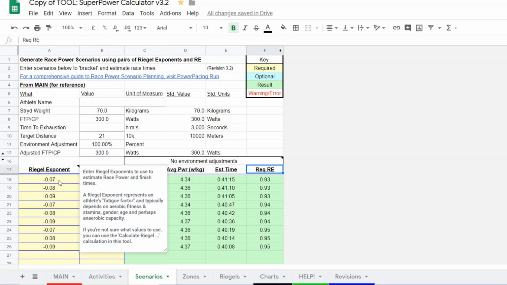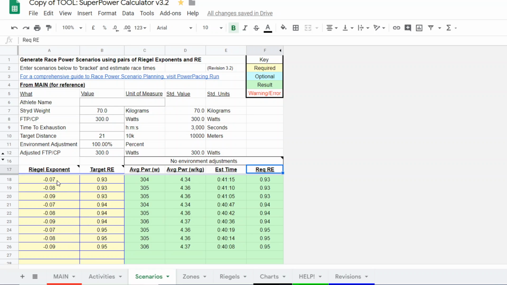So when we vary the Riegel exponent, you can see that it will affect the target power. So for this particular set here, the range is 304 to 305. Again, for 10K, that's not that big.